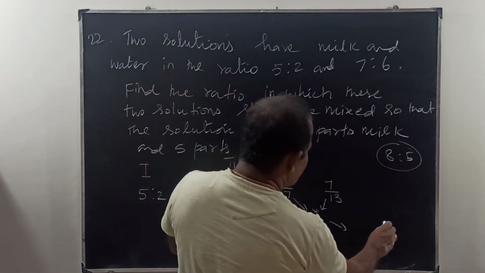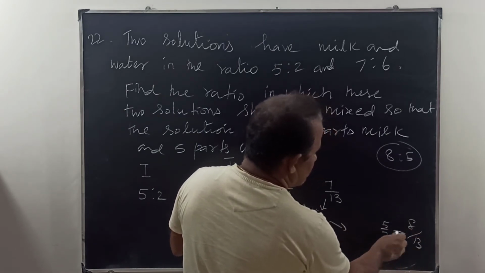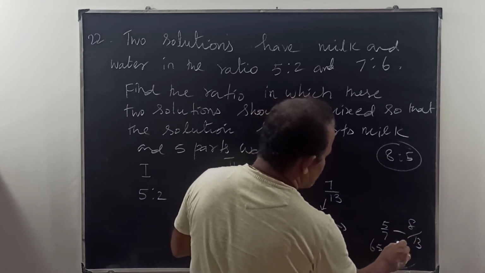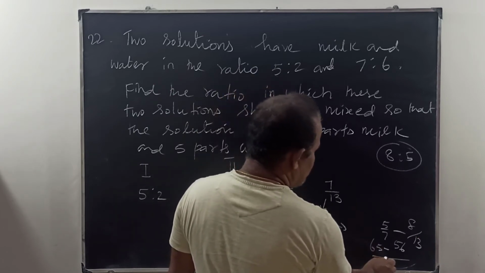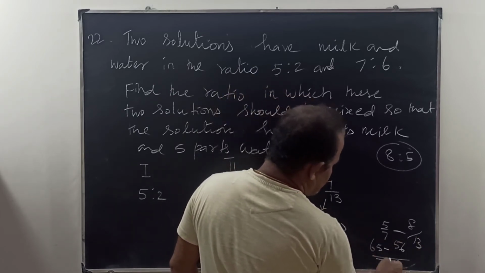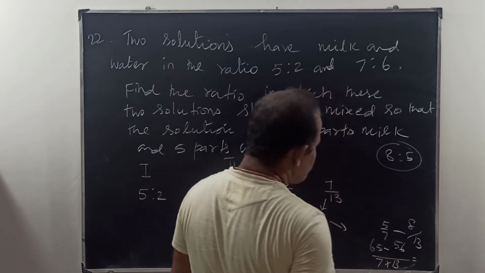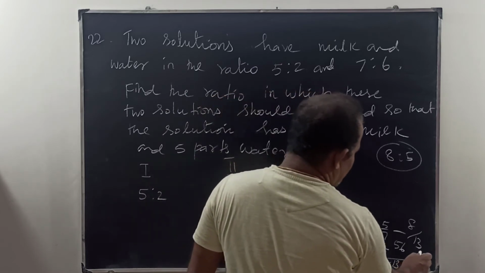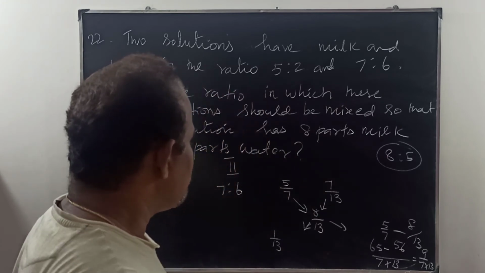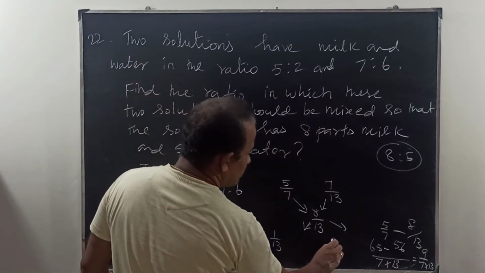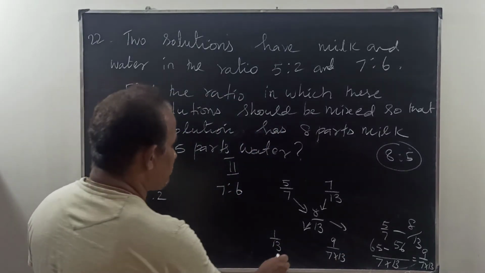Here is 5/7 minus 8/13, that is 65 minus 56 divided by 7 into 13. 65 minus 56 is equal to 9, so 9/(7 into 13). So this is our required ratio.